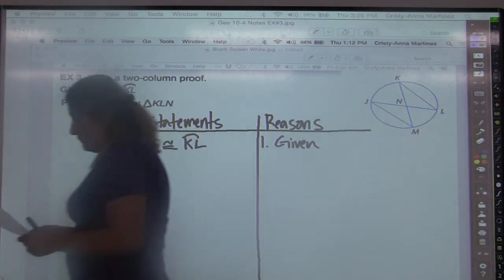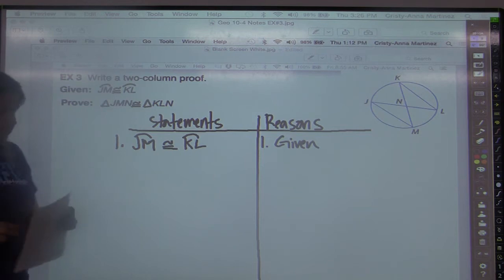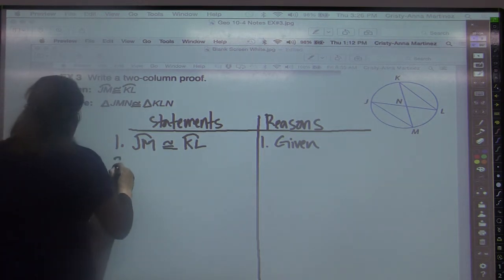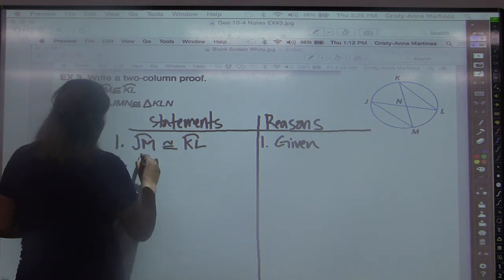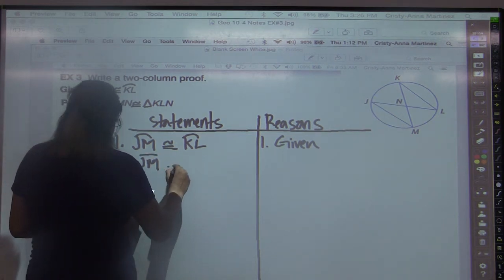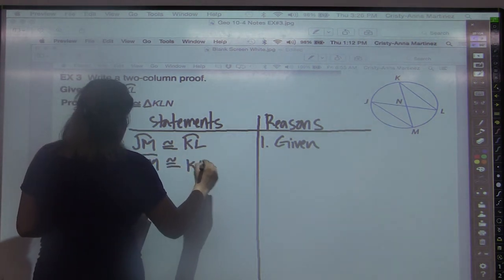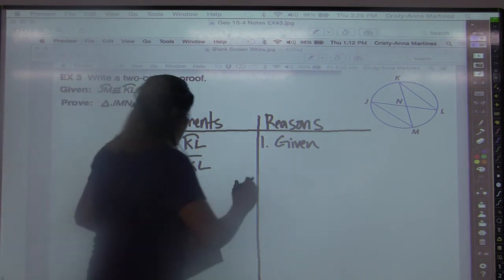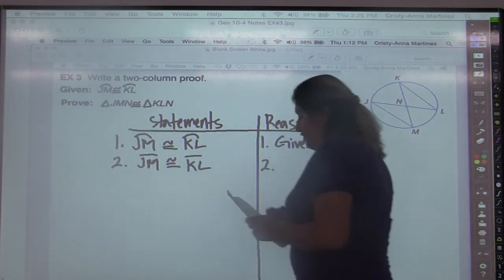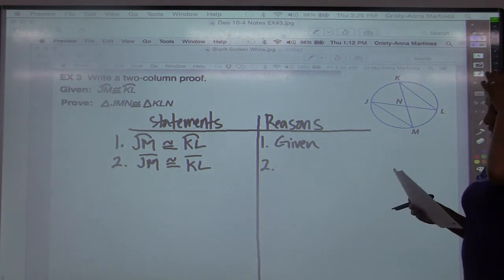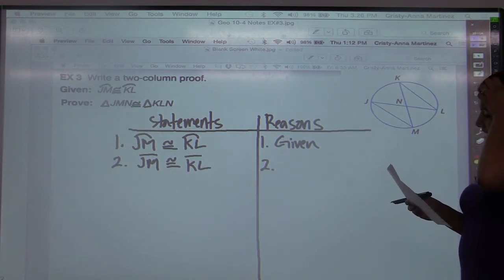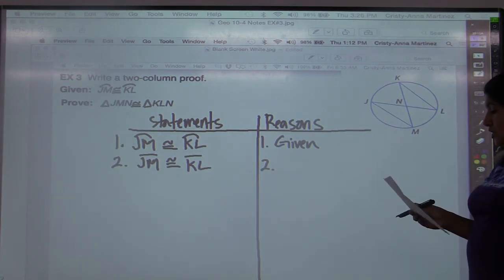So the first thing we're going to do is say that JM, which is now a chord, is congruent to KL. Now this is actually Theorem 10.2 on page 715 in your textbook, but it was a couple sections ago.